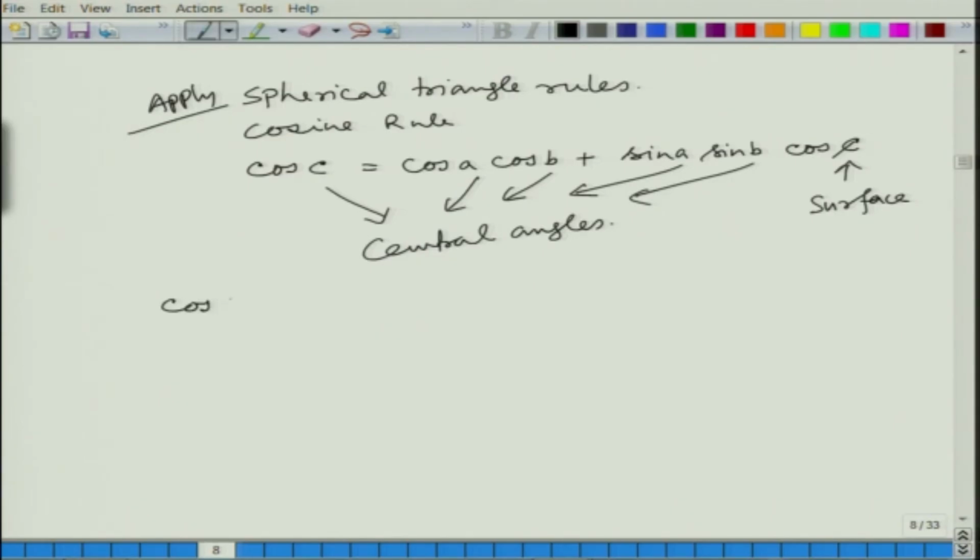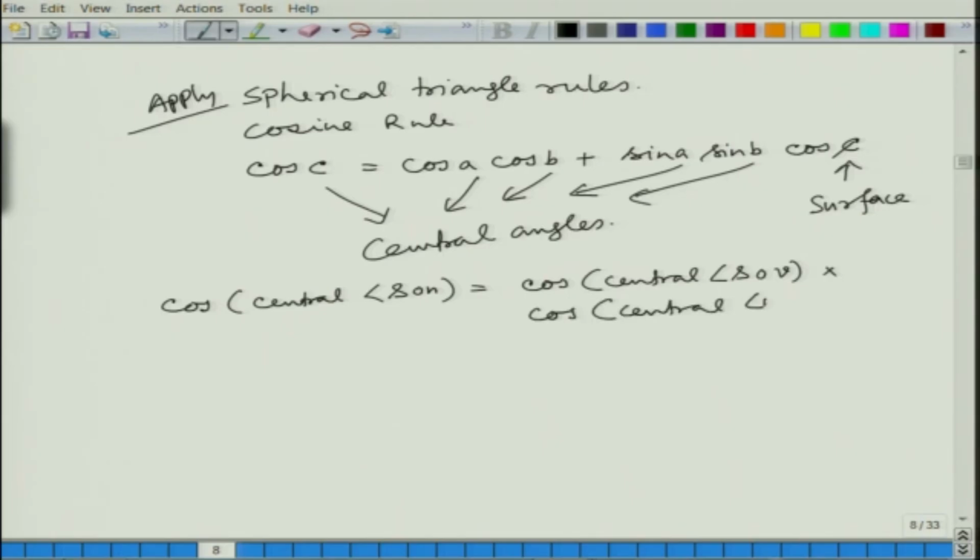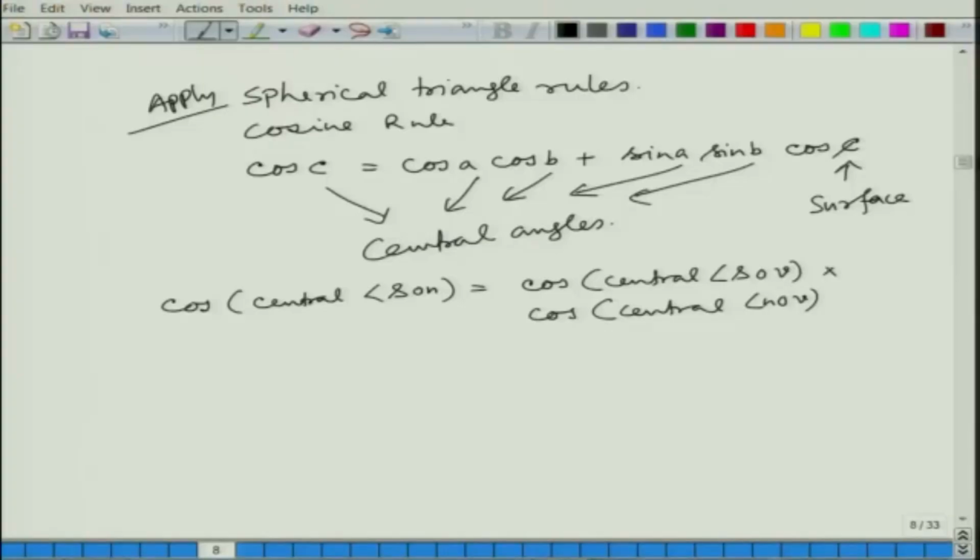We can write cos of central SON will be equal to cos of central SOV multiplied by cos of central NOV. So, for the first time I am writing all these different angles with central or surface angle, because that way your intuitions will grow. First case you have to see very lucidly. Okay. So, that is why I am doing it.